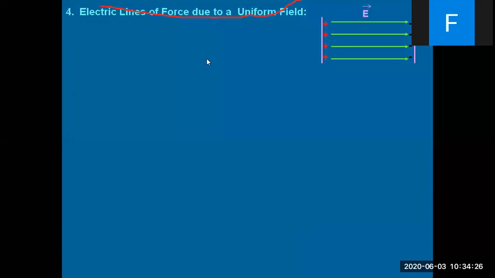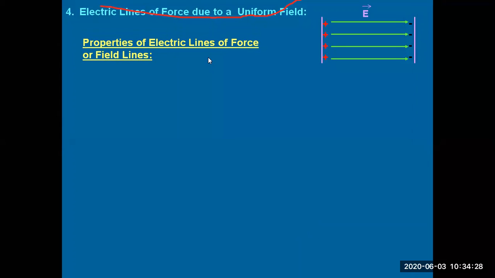Now today's class, we are going to see what are the properties of electric lines of force, or the properties of electric field lines. So first property, electric field lines are imaginary lines. That's the first point. They do not exist.